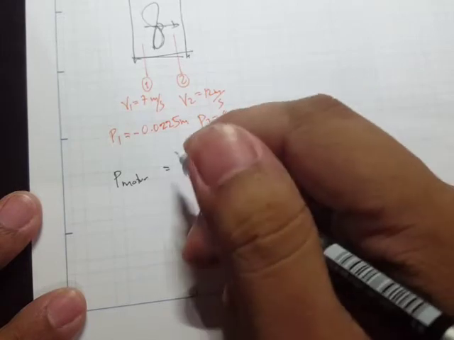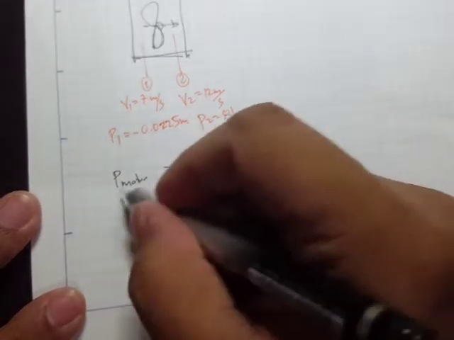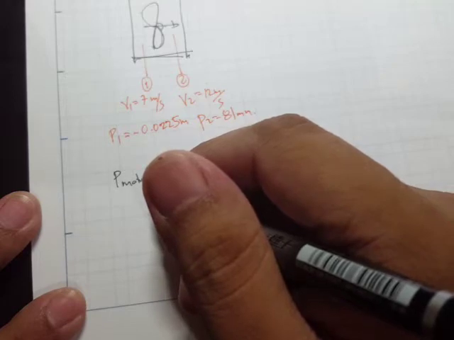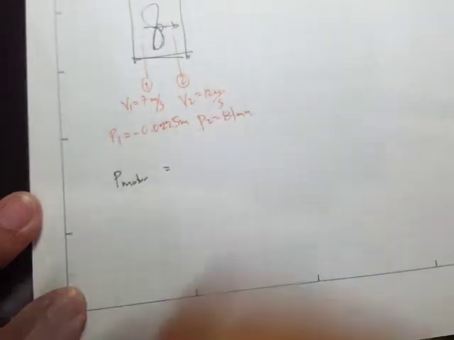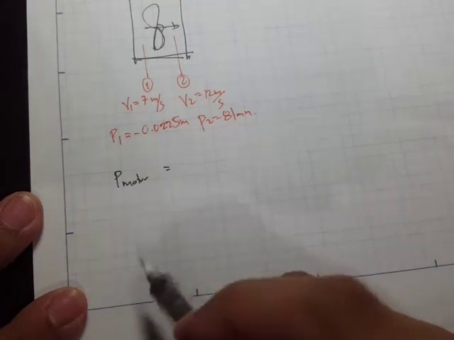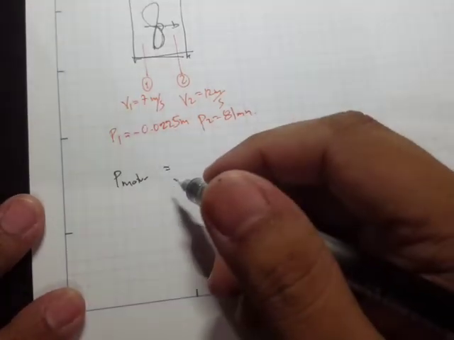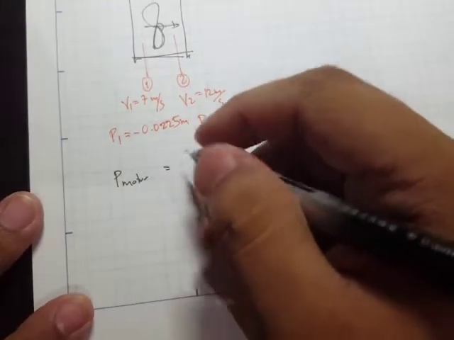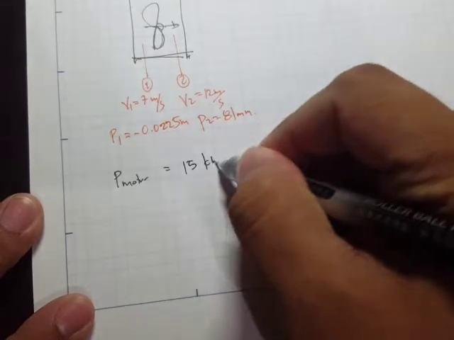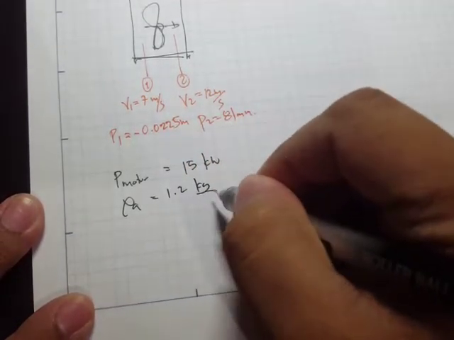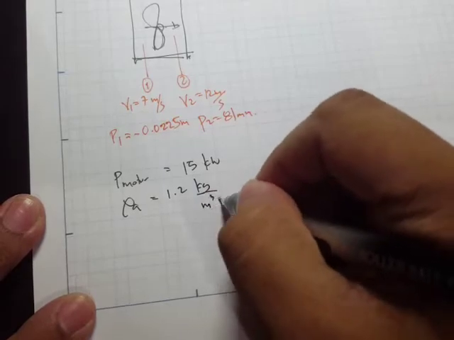Take note, this is not the air horsepower, but rather it's the power for the electric motor input. So it's not the brake horsepower, and it's also not the air horsepower. So this is 15 kilowatts, and for our density of air, it says 1.2 kilograms per cubic meter.